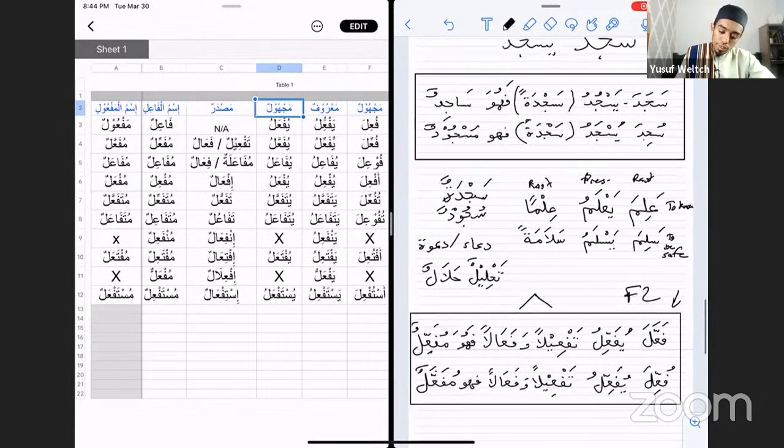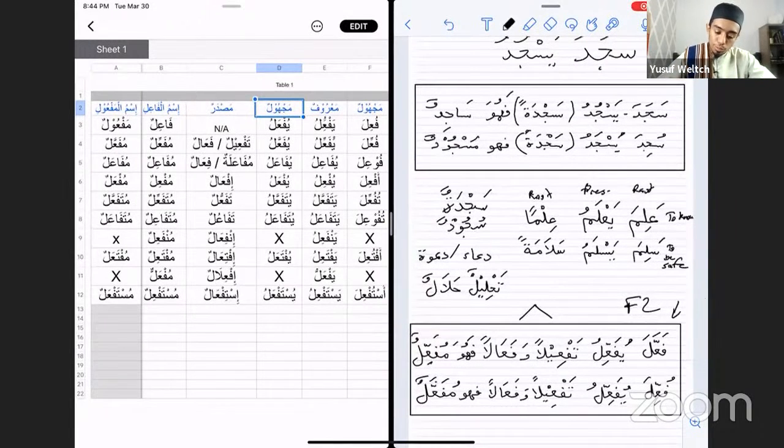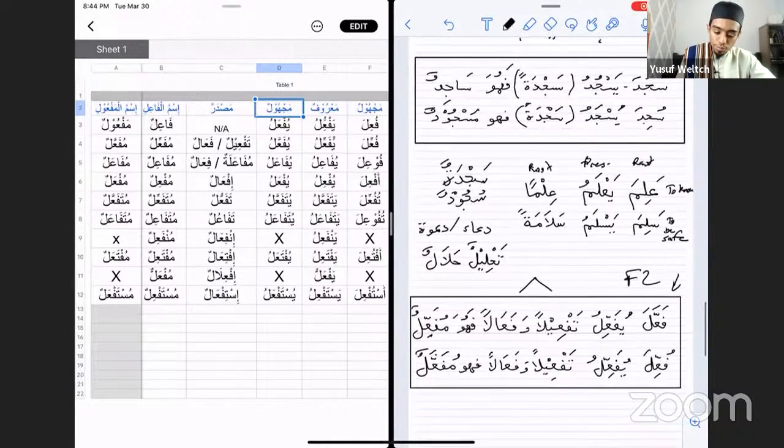Does everyone understand form 1 and form 2 so far? Anyone not understand form 1 and form 2, or what a masdar is, what the parts are that make up these small scales?